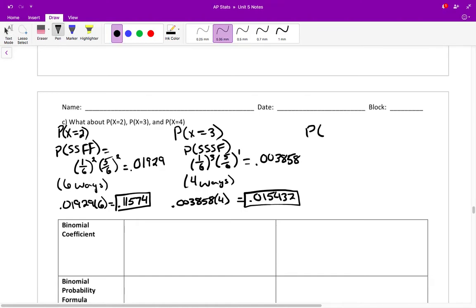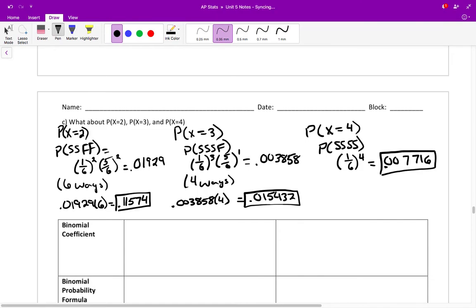The last one we're going to find, probability that x is equal to 4, keeping in mind that you could, if you wanted to, calculate this just by taking 1 minus all the other probabilities that we found. But just to be consistent with the method we've been using and to hopefully start to notice a pattern, that would be the probability of 4 successes, which would basically be 1/6 raised to the power of 4, which for this one gives you 0.007716, and it turns out we can actually leave that as our probability.